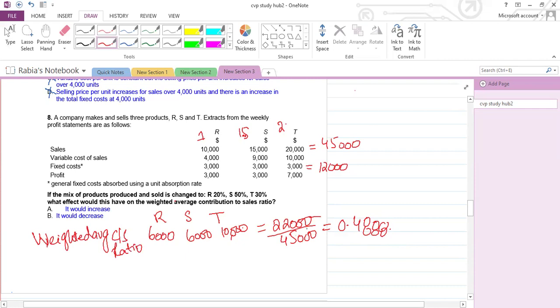Now I have to calculate my new percentages, that is R is 20%, S 50%, and T 30%.